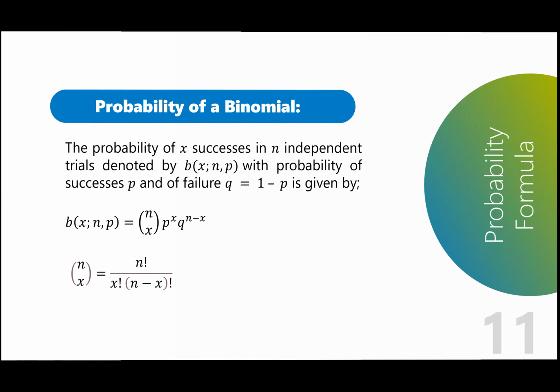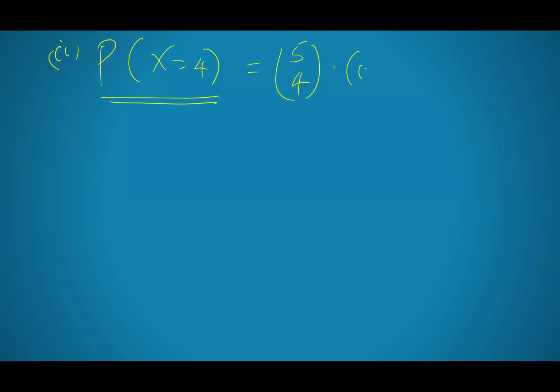That was Roman 2. Probability that X is equal to 4. If it is a binomial, then what are we talking about? We are talking about nCx, n is 5, x is 4, following the formula, p to the power x, our p is 0.2, our x is 4, q is 0.8 to the power 5 minus 4.